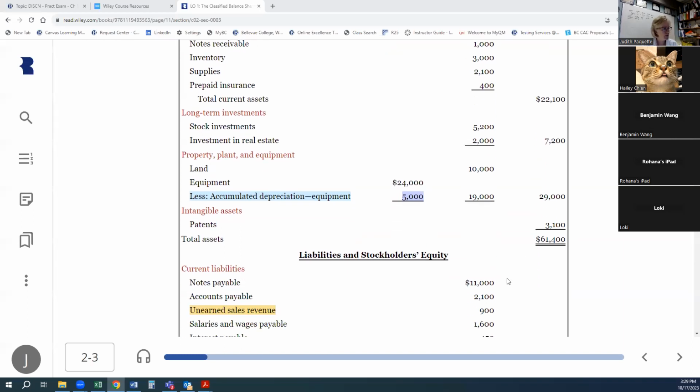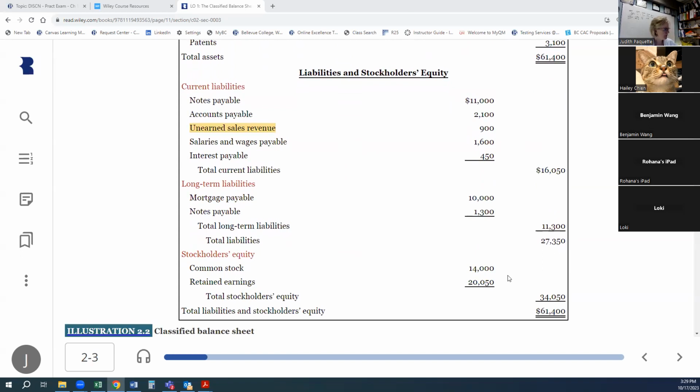So, and then down here in current liabilities, books go back and forth about which one goes first, accounts payable or notes payable. I typically put accounts payable first because we have to pay our bills in 30 days. But this book is putting notes payable first. I will accept either. Unearned sales revenue, anything with a payable.